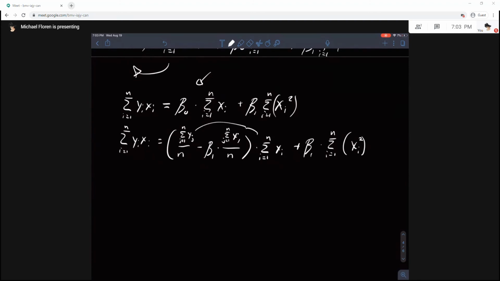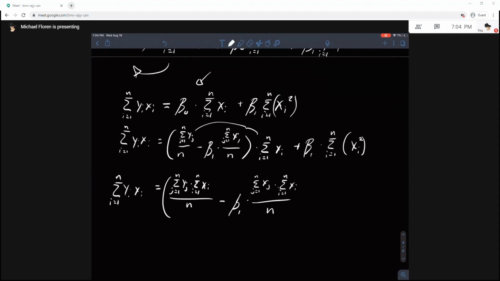Now we're going to distribute our sum in, so we're going to get the sum from i equals 1 to n of y sub i x sub i equals the sum from j equals 1 to n of y sub j times the sum of i equals 1 to n of x sub i divided by n, minus beta 1 times the sum of j equals 1 to n of x sub j times the sum i equals 1 to n of x sub i divided by n, plus beta 1 times the sum of i equals 1 to n of x sub i, quantity squared.